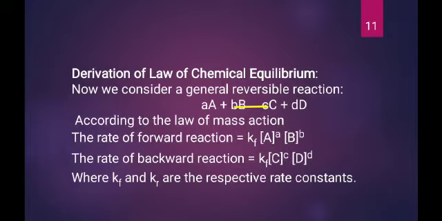Similarly, for the rate of backward reaction, the reactants will be C and D, whereas in the forward reaction the reactants are A and B. So the rate of backward reaction is equal to Kb, the rate constant of backward reaction, times [C] raised to c times [D] raised to d, where Kf and Kb are the respective rate constants.